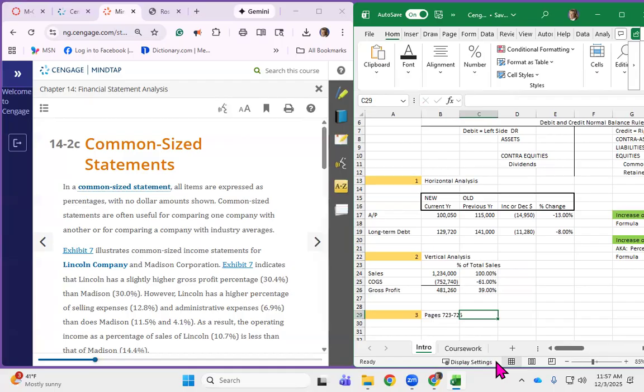It starts on page 724 and it goes to 725. So this is called Exhibit 13, and it's the summary of analytical measures.